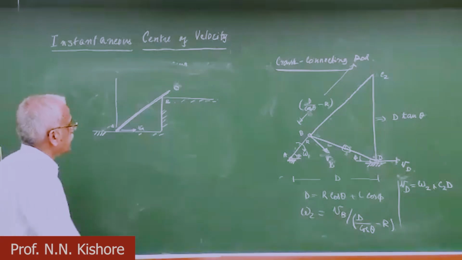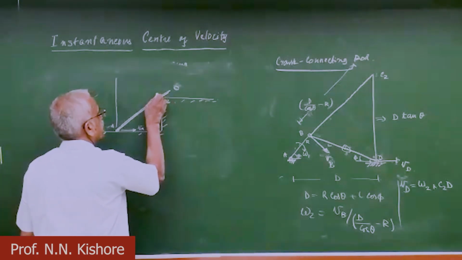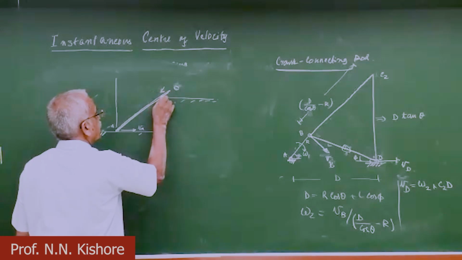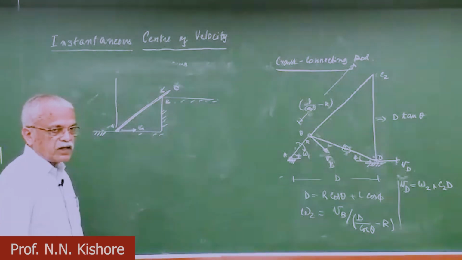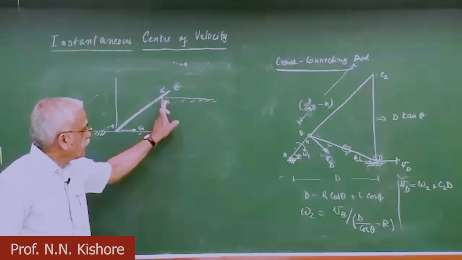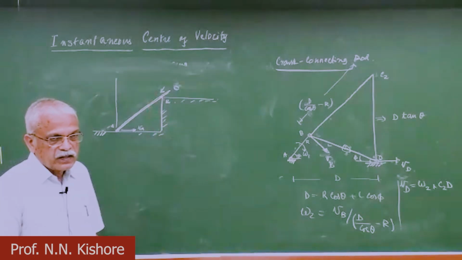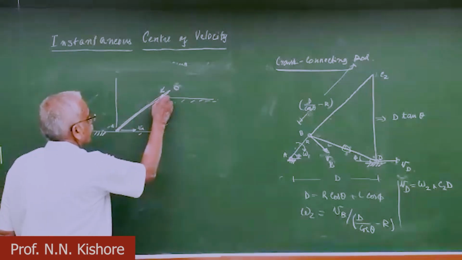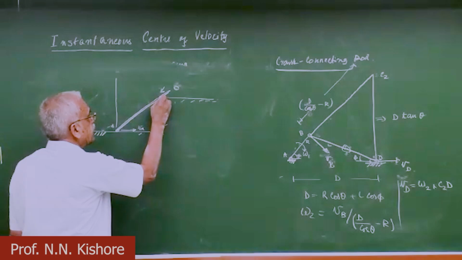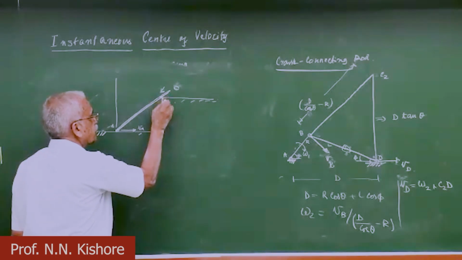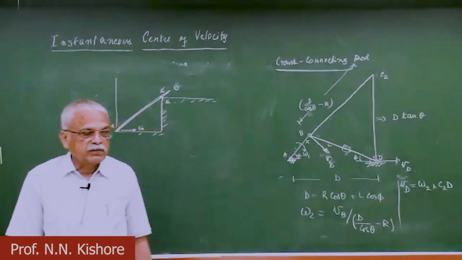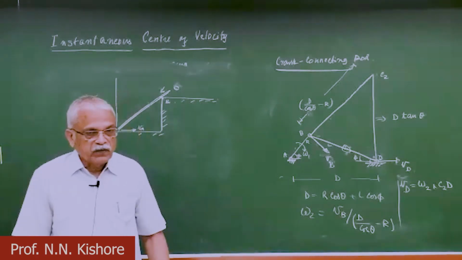For example, take a point B prime on the rod, just opposite to the top point, on the vertex here. So B prime is a point on the rod, right next to this support point. Do you know anything about the velocity of B prime? How is B prime moving instantaneously?